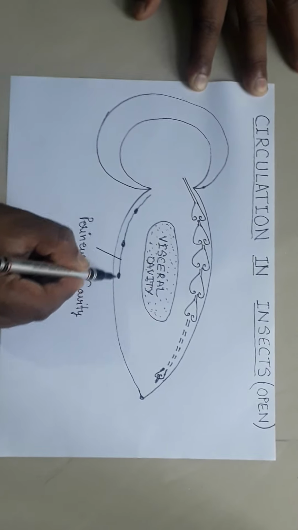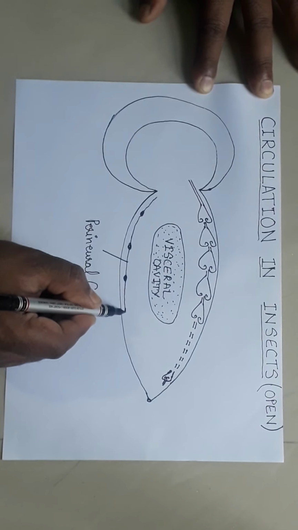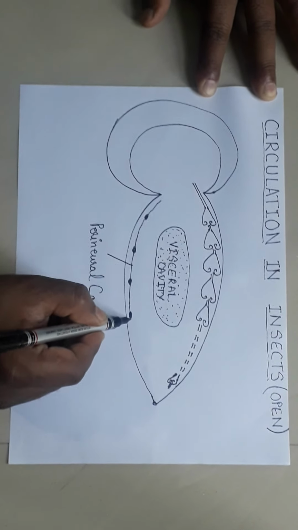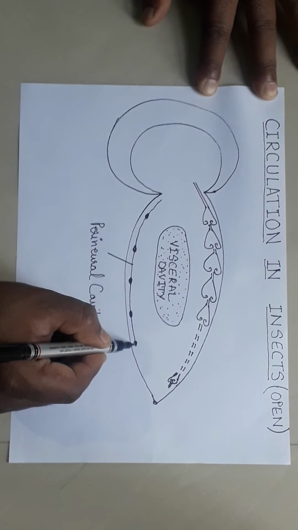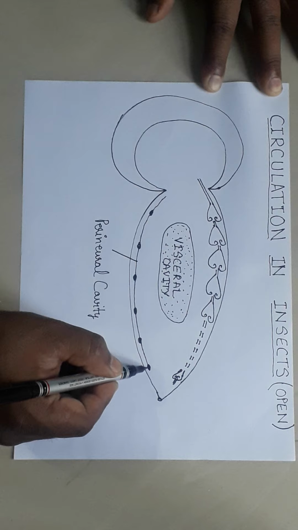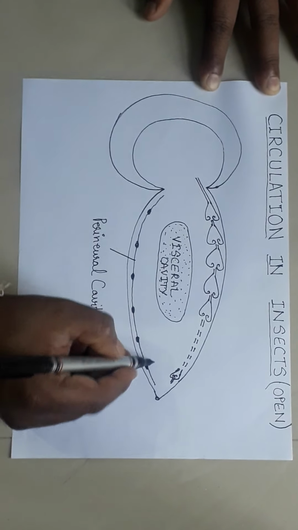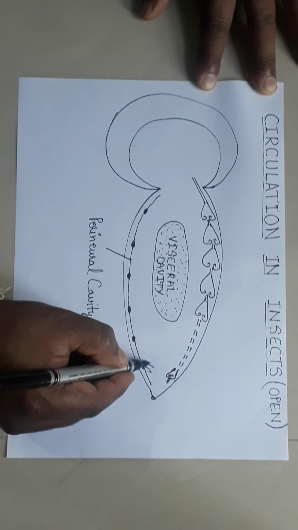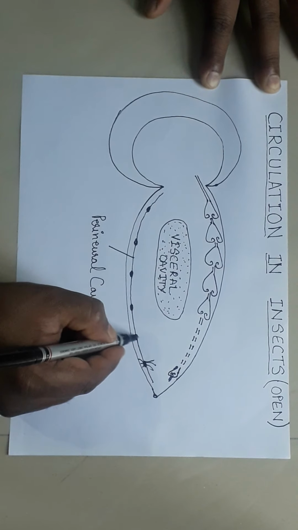When we dissect this organism, suppose a cockroach, we will observe these structures. They are clearly visible.